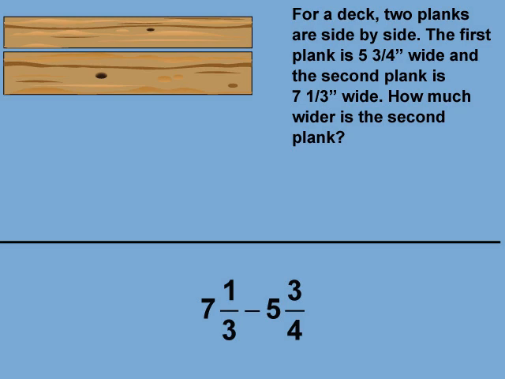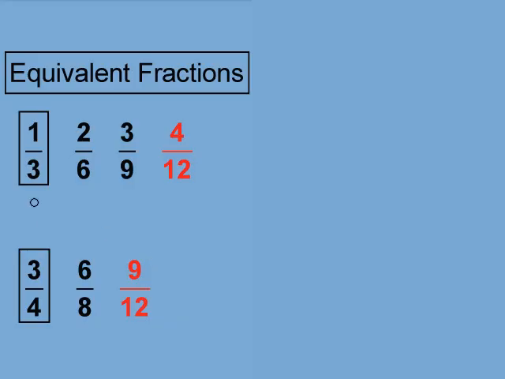First, let's find a common denominator. Generate equivalent fractions for 1/3 and 3/4 until you find a common denominator. Notice that 12 is the common denominator. Also notice that in common denominator form, you can more easily see that 3/4 is greater than 1/3.